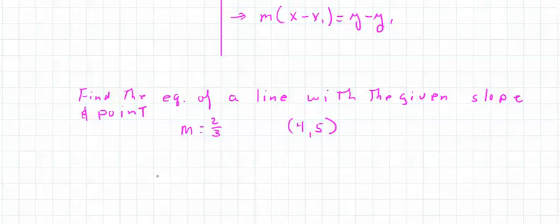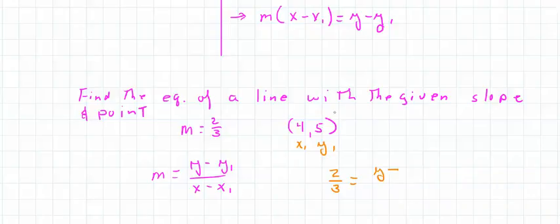Now the equation m equals y minus y1 over x minus x1. 4 is x1. 5 is y1, and the slope is 2/3. So our equation is 2/3 equals y minus 5.